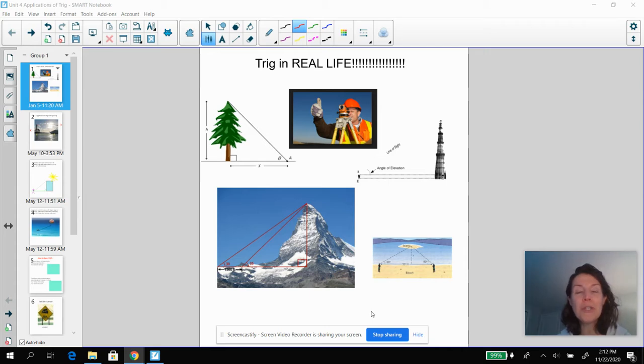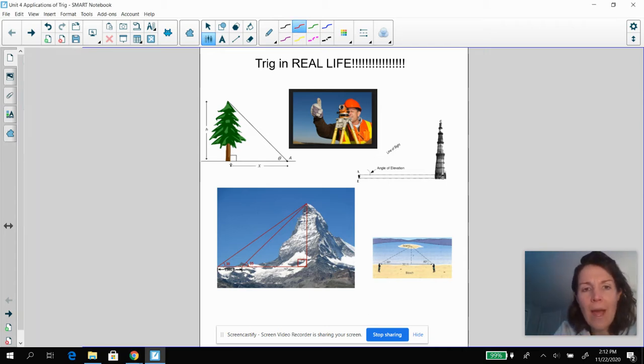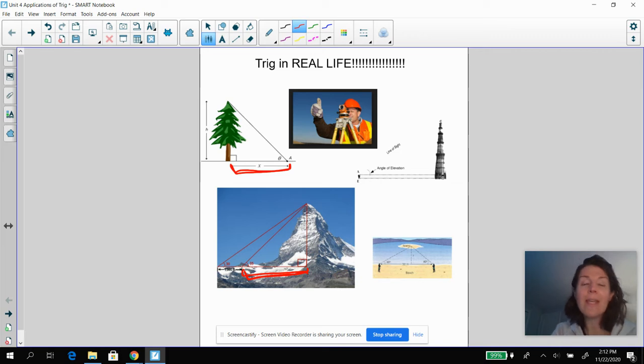But because of trigonometry, we're able to figure it out. I know how far I am from the base of the tree or the base of the mountain, and using a special tool, often called a surveyor, which you see at construction sites, I know approximately what angle I'm looking up at the top of the tree.